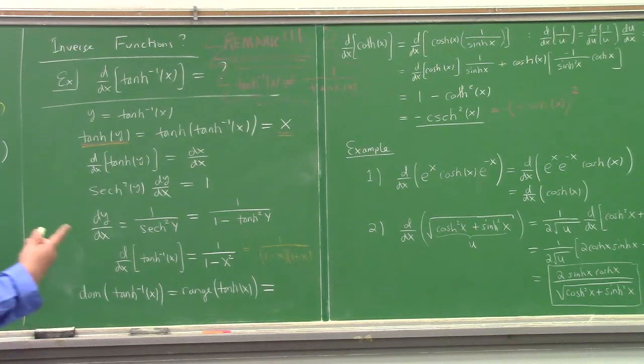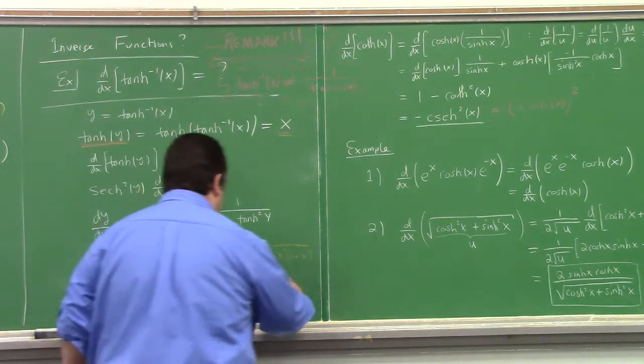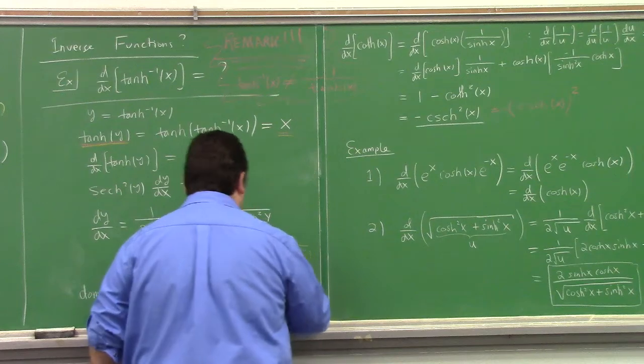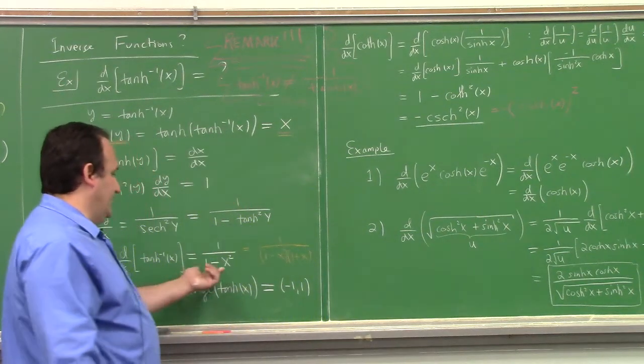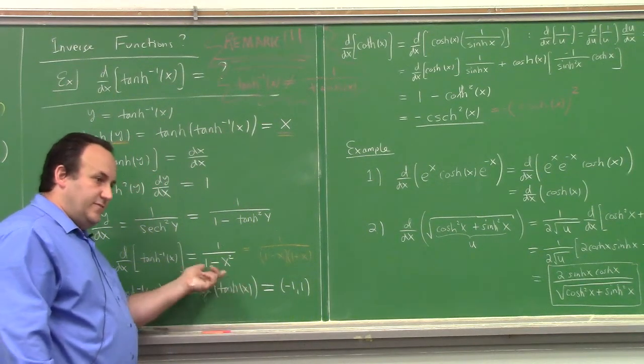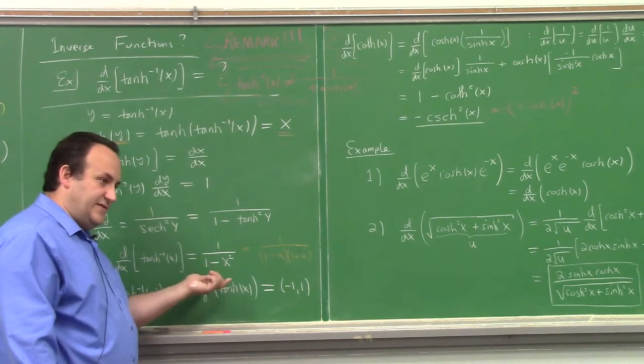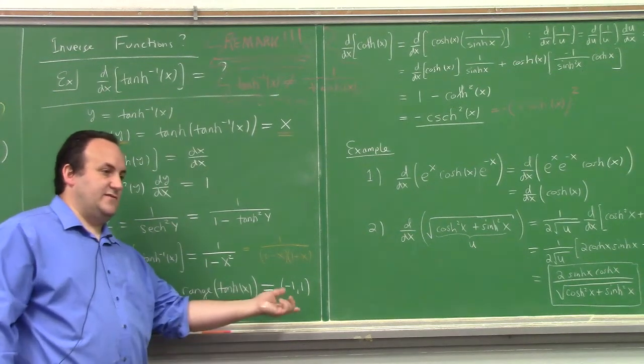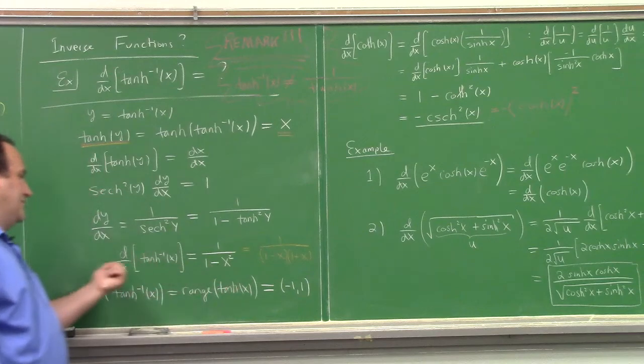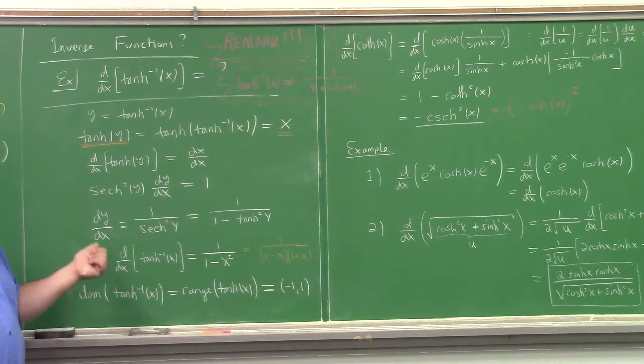We saw that in our graph. So in fact, this feature of the derivative blowing up, having a divergence, is happening at the edges of the domain. Apparently, the graph of inverse hyperbolic tangent has vertical asymptotes, places where the derivative goes to infinity at the boundary points of the domain.